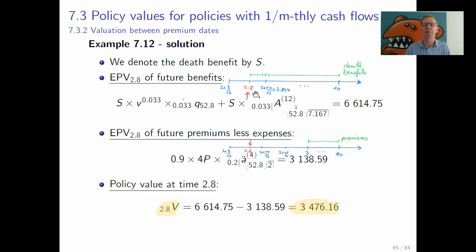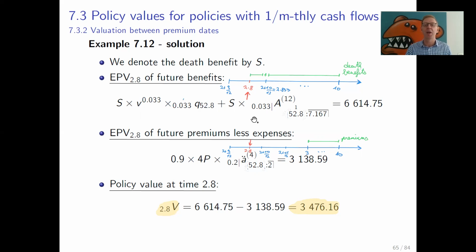Let us have a look at the first, between time 2.8 and 2 plus 10 over 12. The actuarial value is the probability that a person of age 52.8 dies in the next 0.033 years, discounted over this period, and the benefit payment is S. So that is the actuarial value of the benefit payments in this period between time 2.8 and 2 plus 10 over 12. And then there is the actuarial value of the rest, calculated at time 2.8.